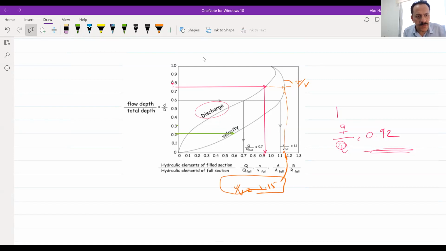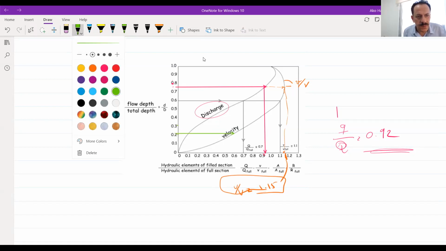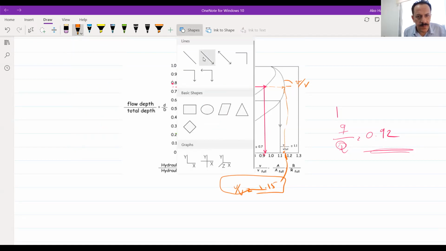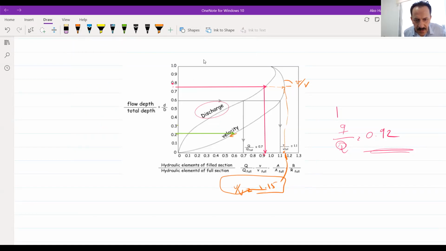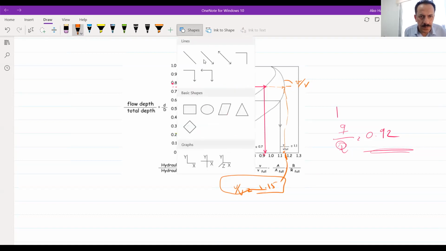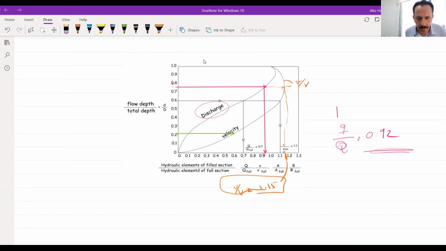Yeah, go by this one. So how much will it be? It will be about 0.6. I'm sorry, yeah, this will be the right one.